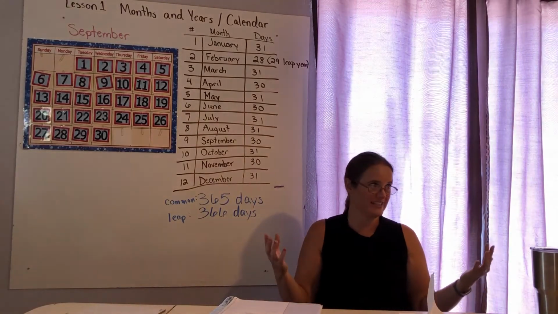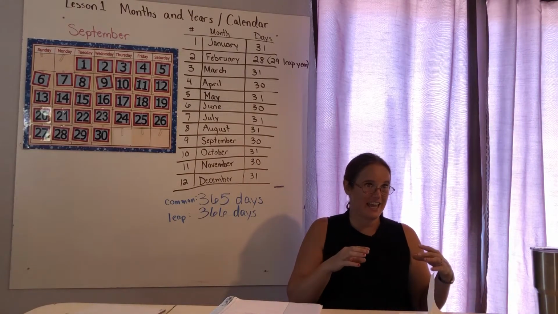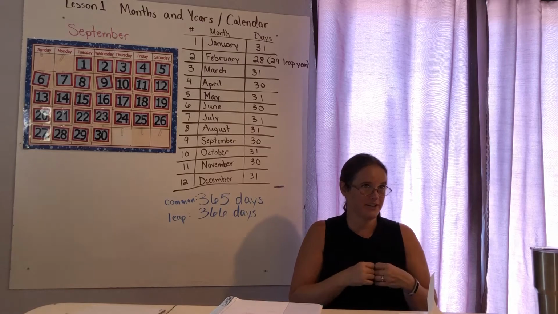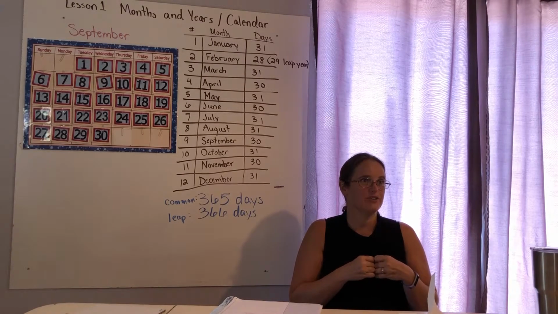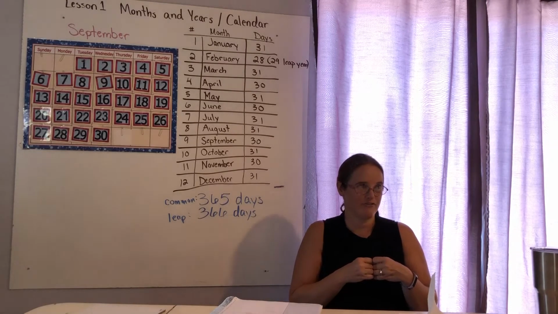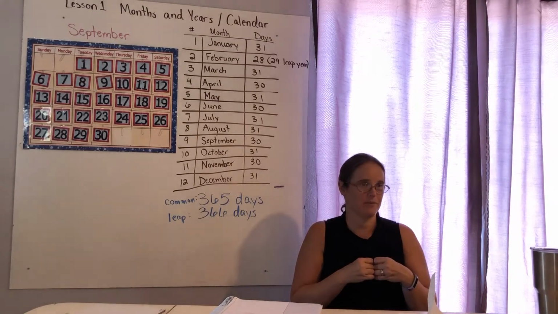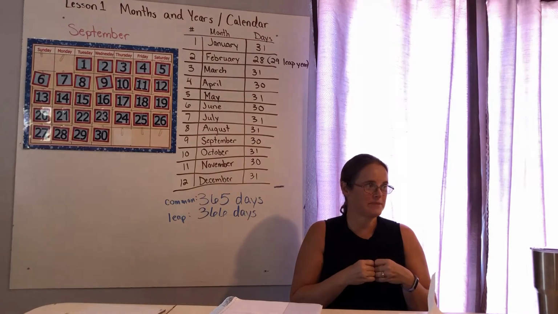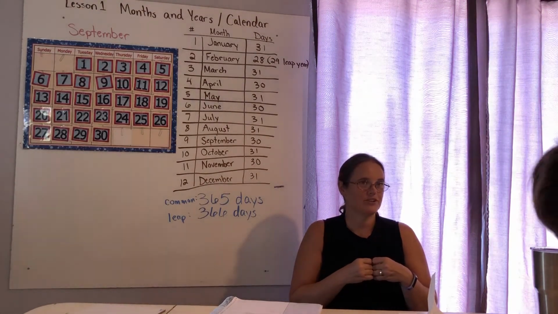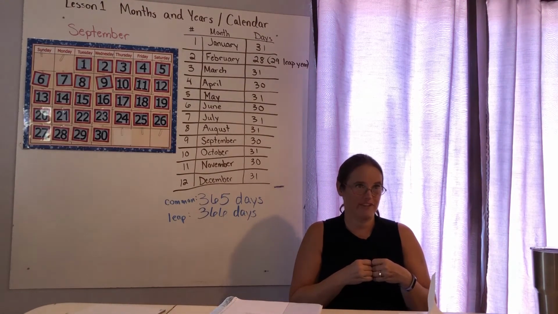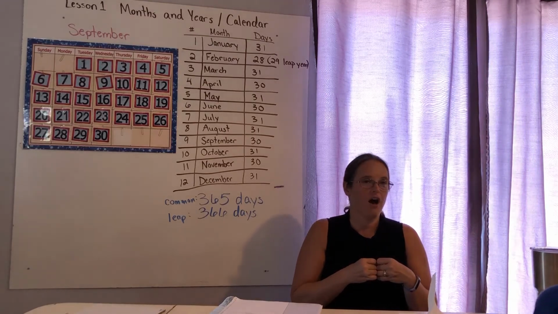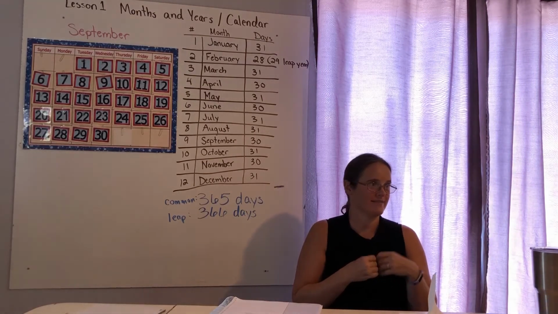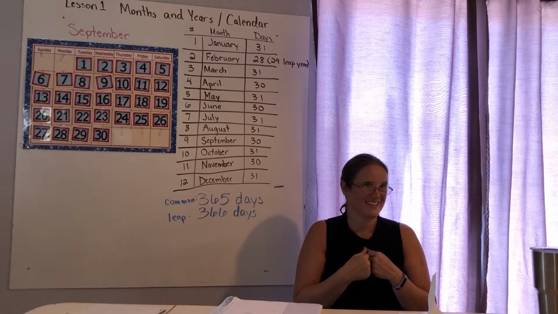Now we're going to put the whole thing together. 30 days hath September, April, June, and November. Let's try it one more time. 30 days hath September, April, June, and November. Now the next line is, all the rest have 31. Your turn. All the rest have 31.